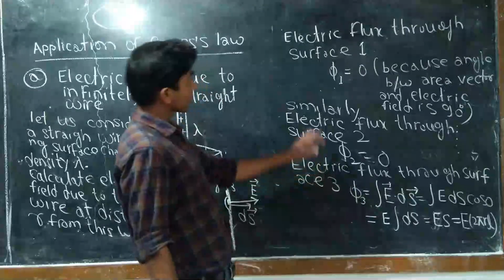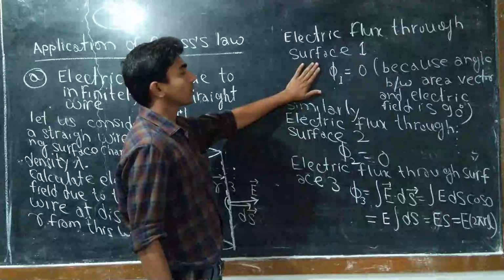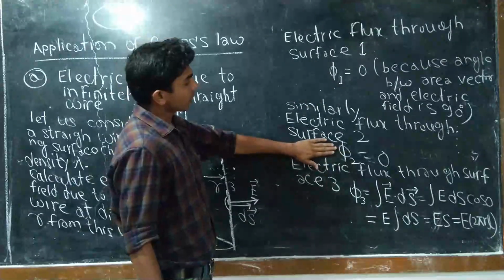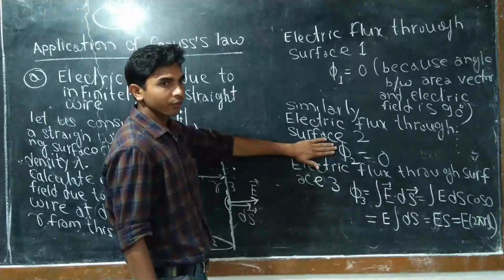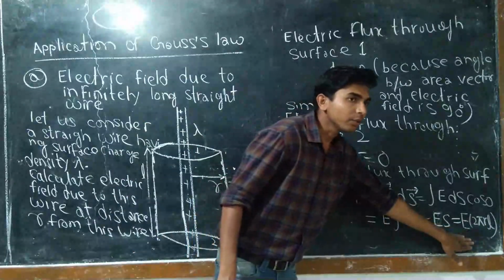So now, the electric flux through surface 1 is 0, the electric flux through surface 2 is 0, and the electric flux through surface 3 is this much.